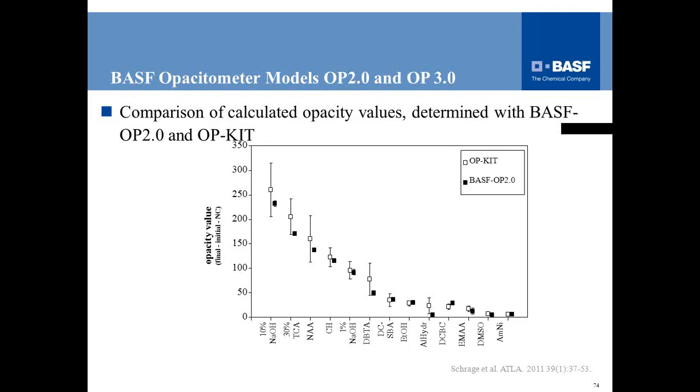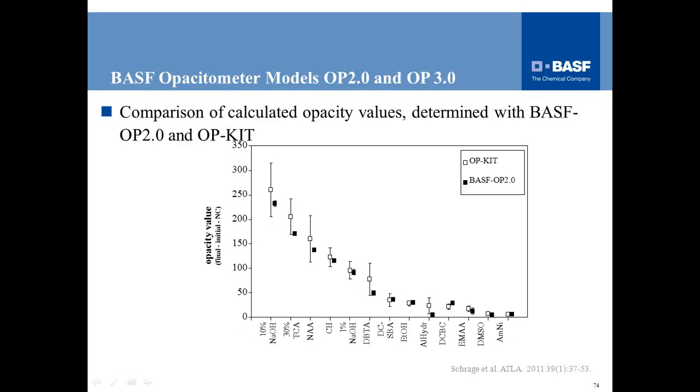Here we have another graphical representation of the correlation of the opacity values. We tested the proficiency chemicals as listed in the OECD guideline. They're abbreviated, but we can see the compounds down here.